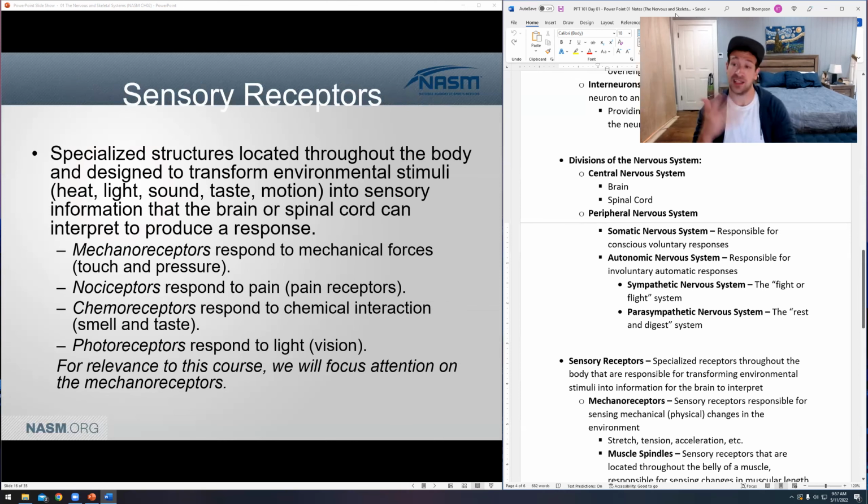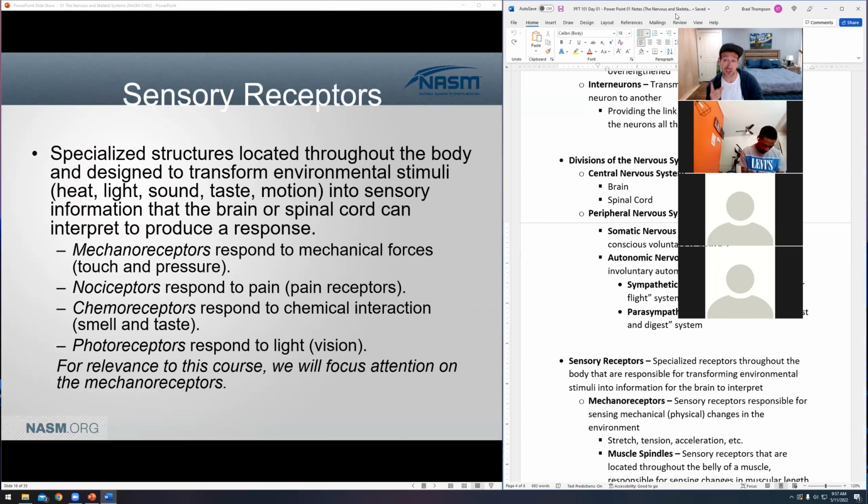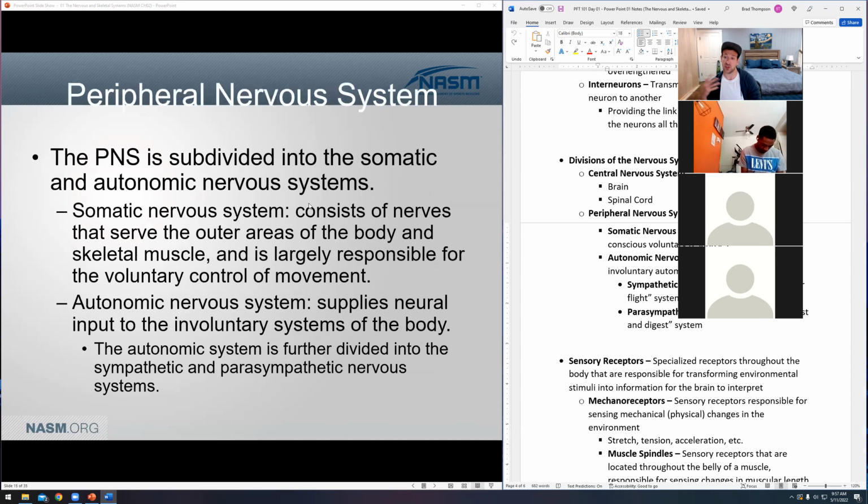Now, that might seem like it's unimportant to us as trainers, but we do actually train our autonomic nervous system. By exposure to stress, you are actually teaching your body that you are good at dealing with stress. And so you actually get better at training the autonomic nervous system.